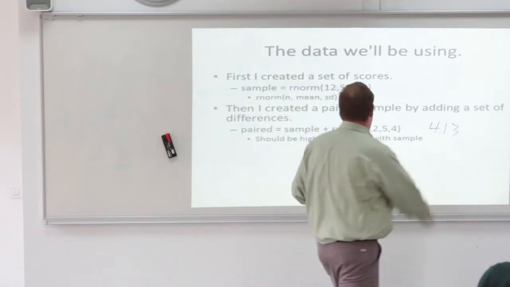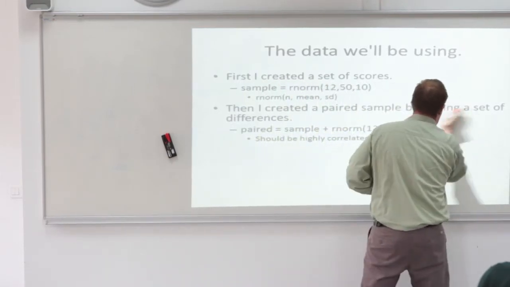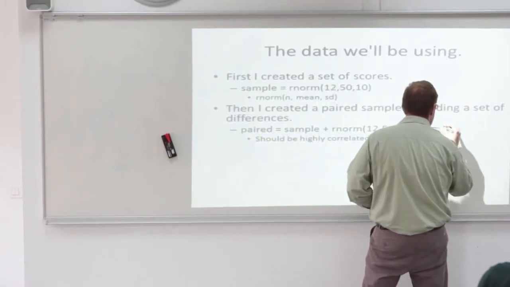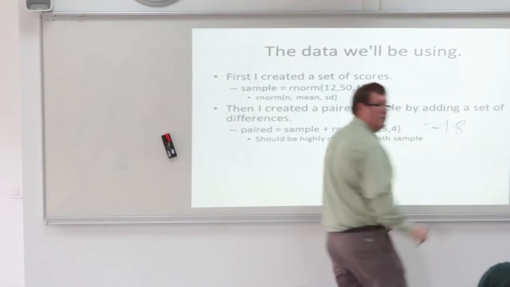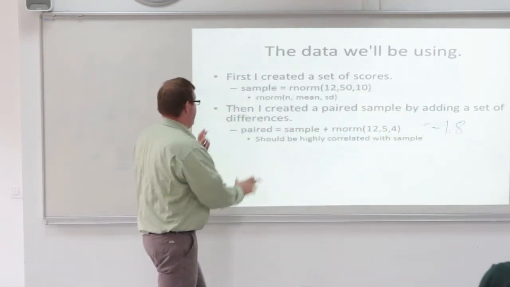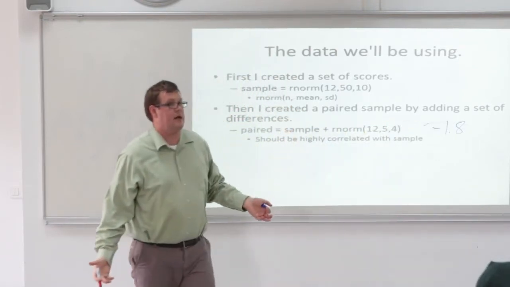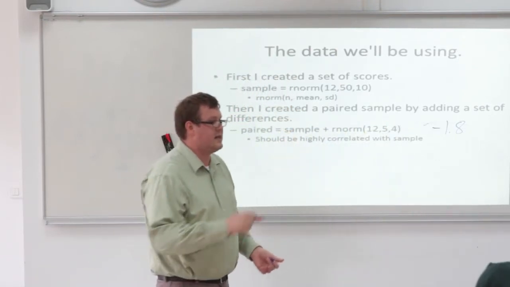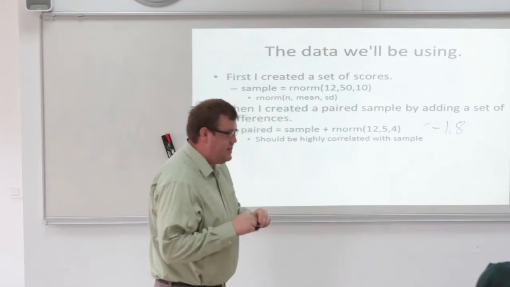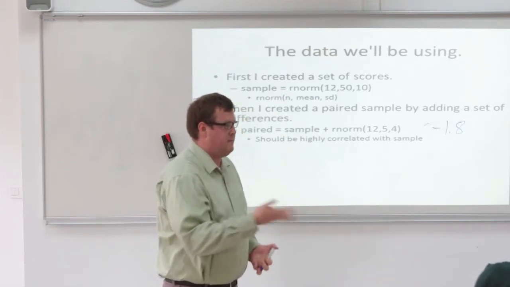And someone else, they got maybe negative 1.8. So they have their original score plus negative 1.8.